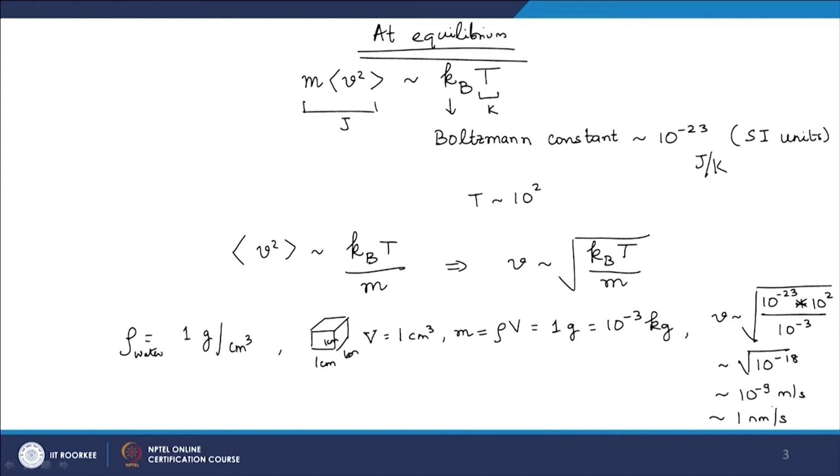So, if you have a 1 centimeter by 1 centimeter by 1 centimeter cubic block, because of temperature, this would be moving at a velocity of 1 nanometer per second, and the direction of velocity will keep on changing with time, because there is no external force being applied on the system.